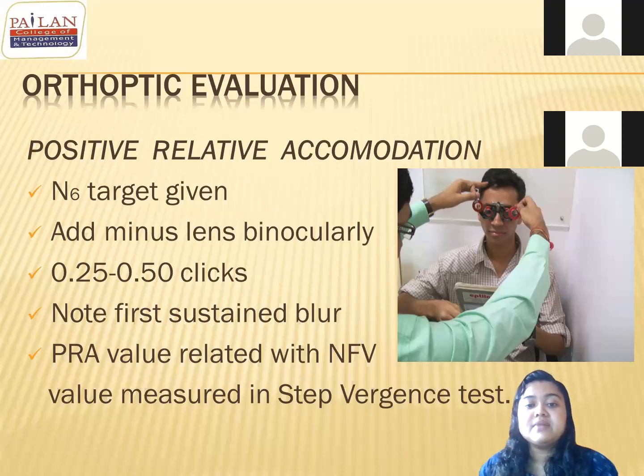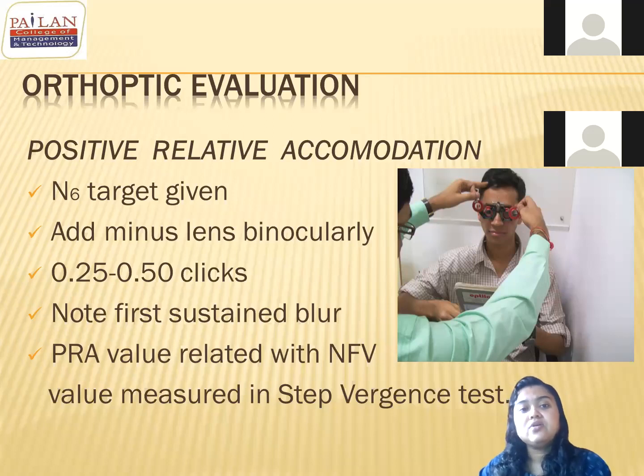The patient is reading at his reading distance, and you tell the patient, report to me when you see these letters to be blur. So you measure the first sustained blur in the positive relative accommodation test.